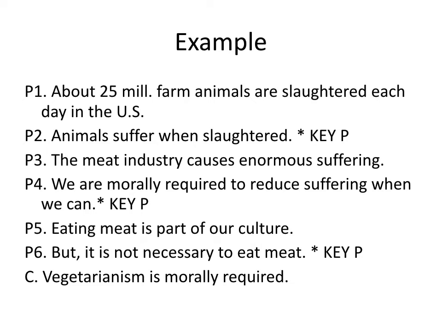But P6 says, really it says nobody needs to eat meat. And so when you take P2, P4, and P6 all together, they provide the important support for the conclusion that vegetarianism is morally required.